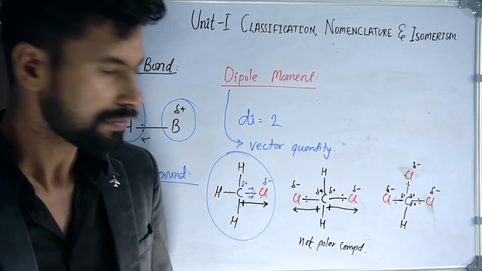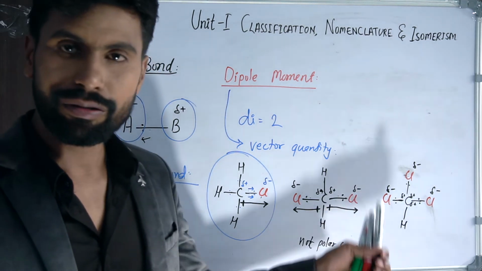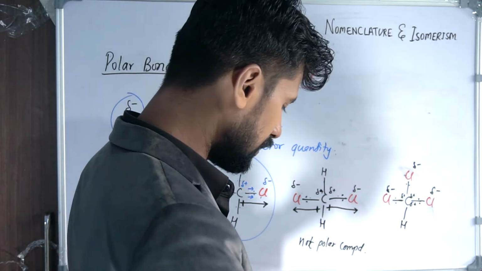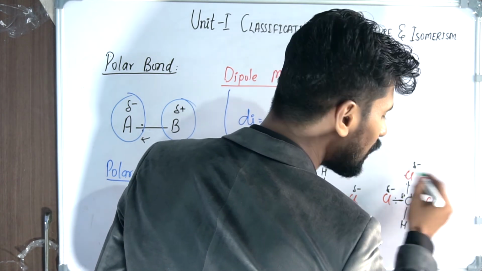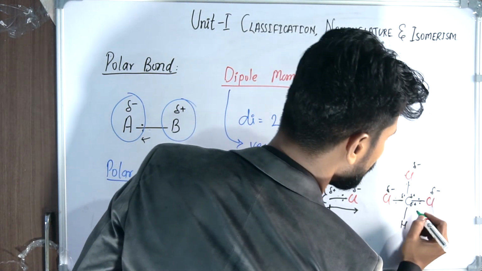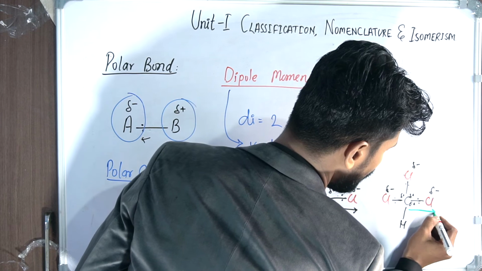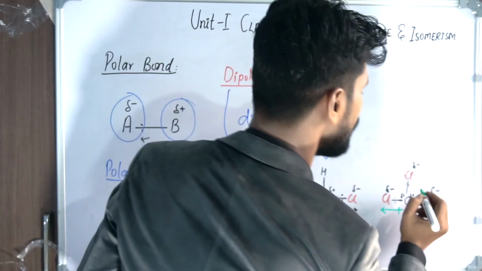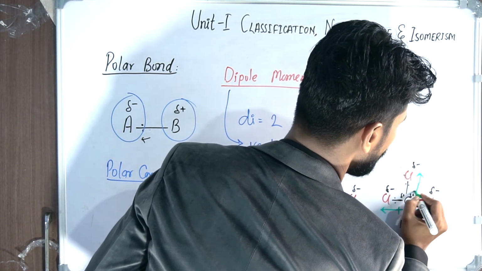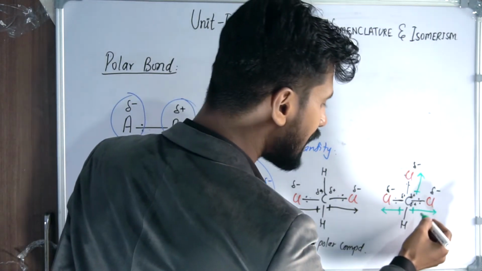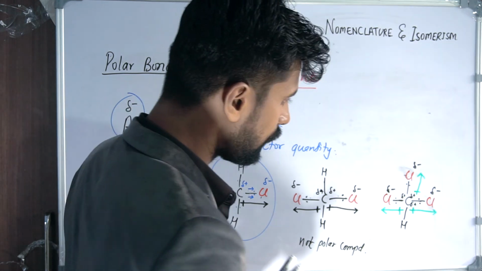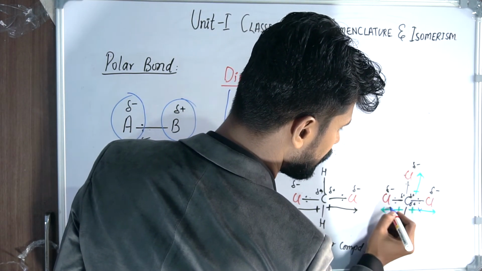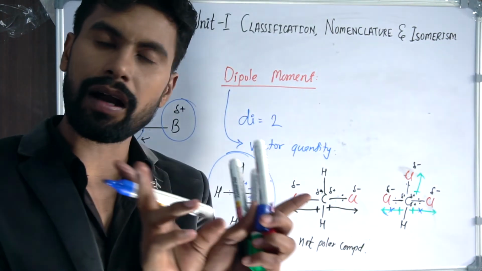Now if you draw the dipole moments for these three polar bonds, this is one dipole moment, this is another, and this is another. Now this dipole moment will cancel this one, these two will be cancelled because they are in opposite directions.